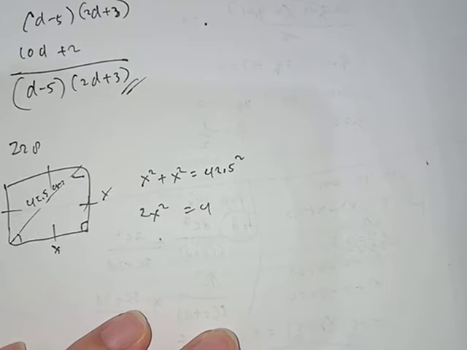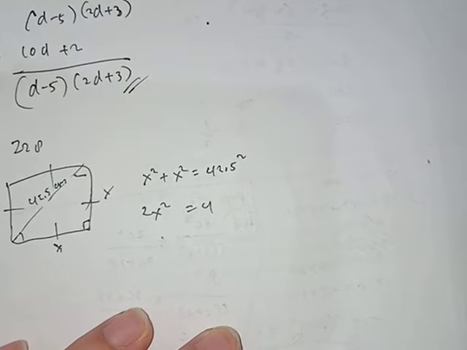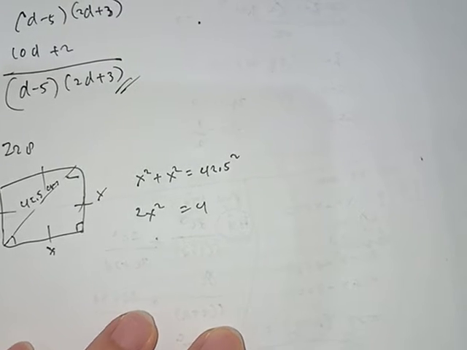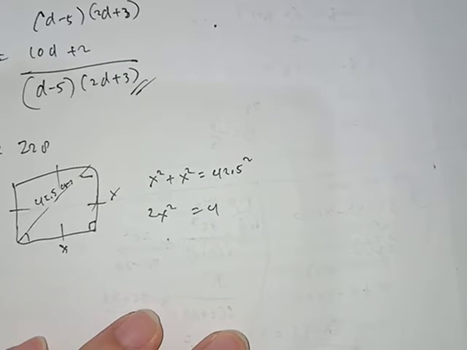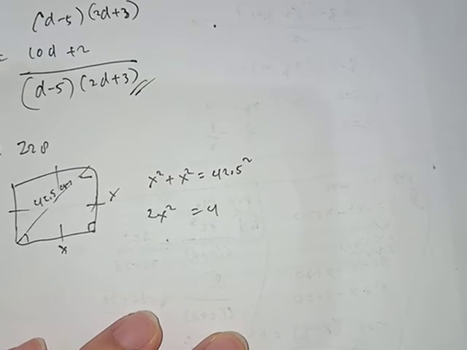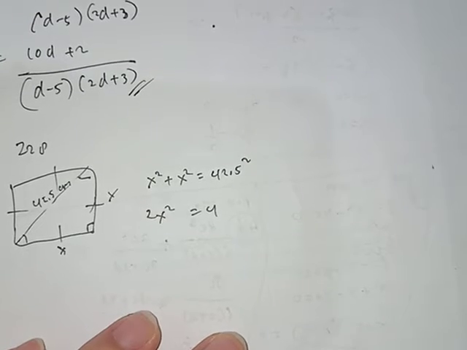Let me put that in the calculator. 42.5 times 42.5.